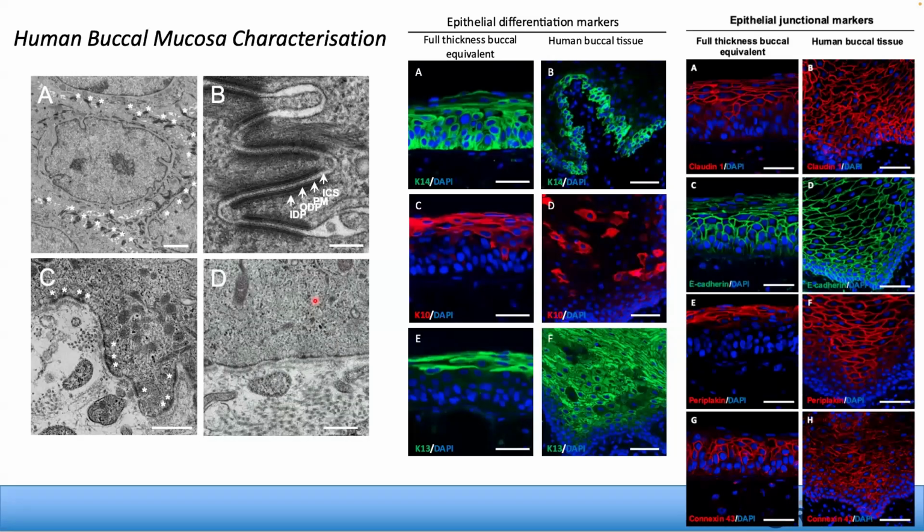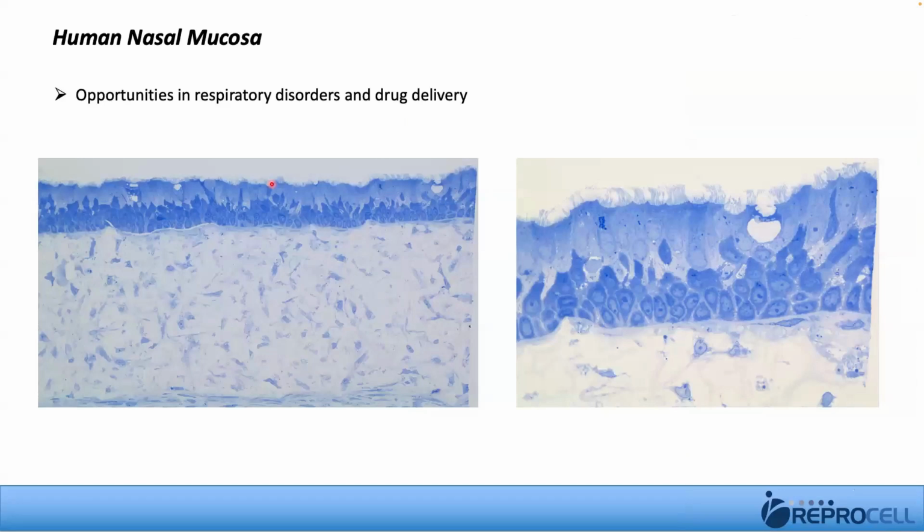Again, we've got very detailed analysis of the anatomy. This is the ultrastructure showing the junctional complexes, the basement membrane, the structure of the cells, the expression of various markers between the model and real tissue, all as it should be.